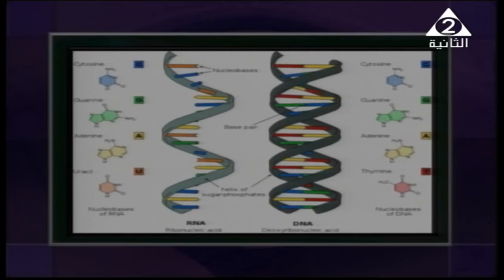Do you remember? DNA consists of two strands of sugar phosphate backbone, and each nitrogenous base binds with another nitrogenous base with a hydrogen bond. But in RNA, there is one strand only. These are the nitrogenous bases of DNA, and these are the nitrogenous bases of RNA.